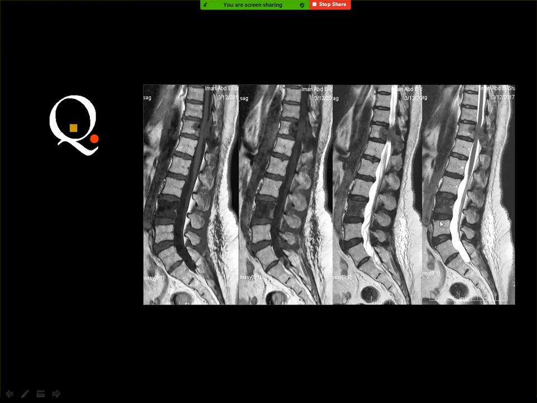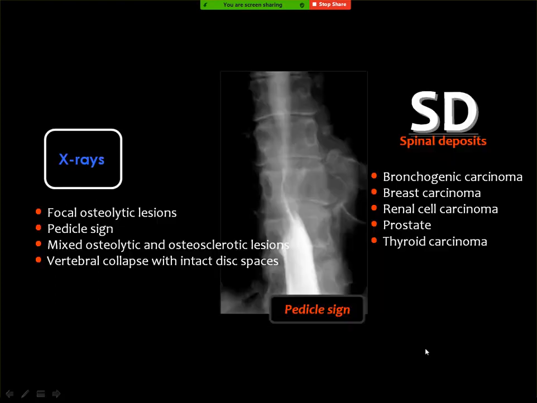Then if you see lesions that are of variable size, meaning that one small lesion and one big lesion involving the whole vertebra, you put more weight on the possibility of metastatic deposits. Then in the previous days before CT and MRI, we used to diagnose metastasis by this sign, which is known as the pedicle sign.